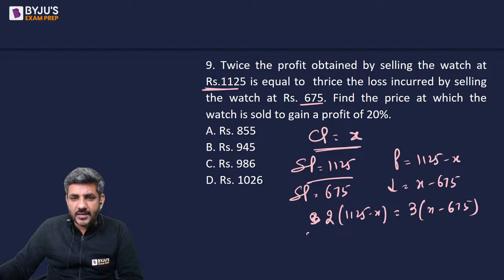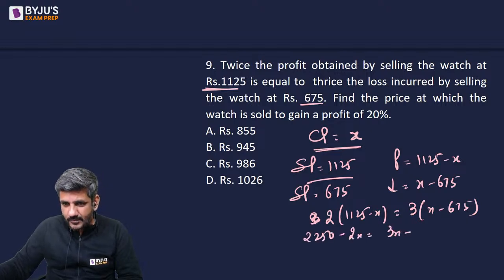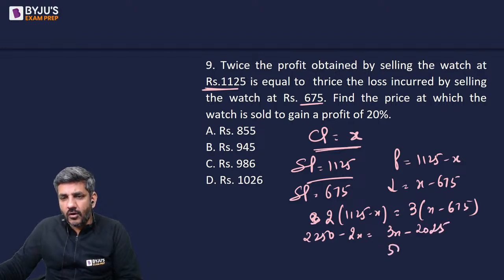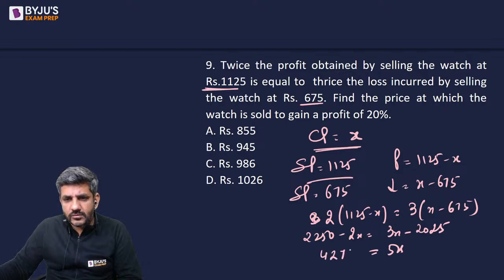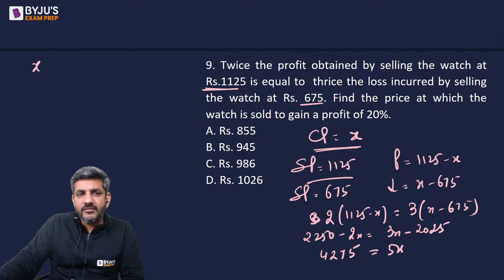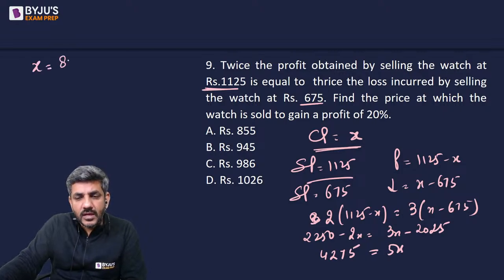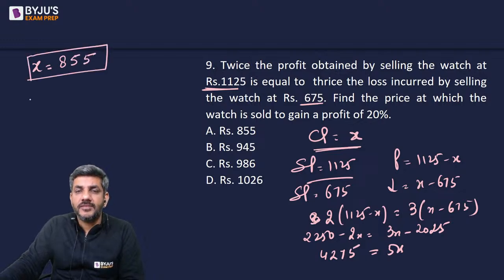So from here I get 2250 minus 2X is 3X minus 2025, and 5X is equal to 4275. What is the value of X from here? 5 8s are 40, then 2 and 5 5s are 25 and 5 5s are 25. So I get the cost price as 855.